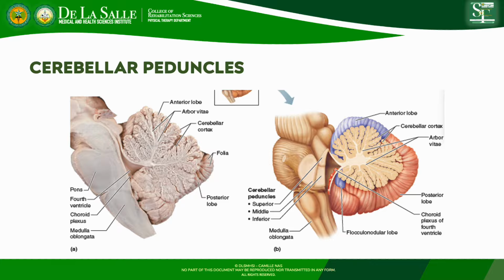So here are the cerebellar peduncles. Again, the fibers that exit through the superior cerebellar peduncle are axons of the Purkinje cell, and those that enter through the middle and inferior cerebellar peduncles send input to the cerebellum.